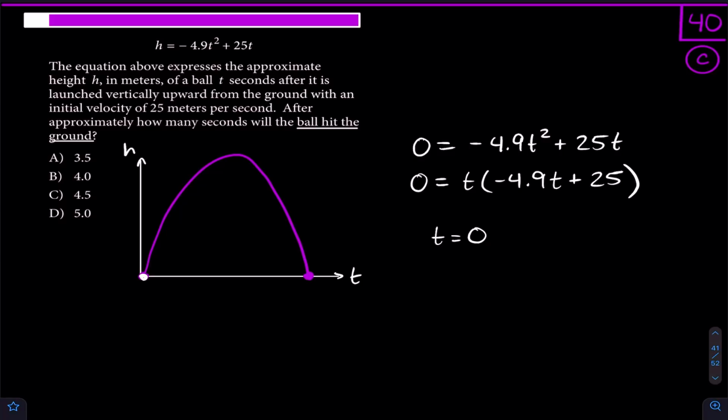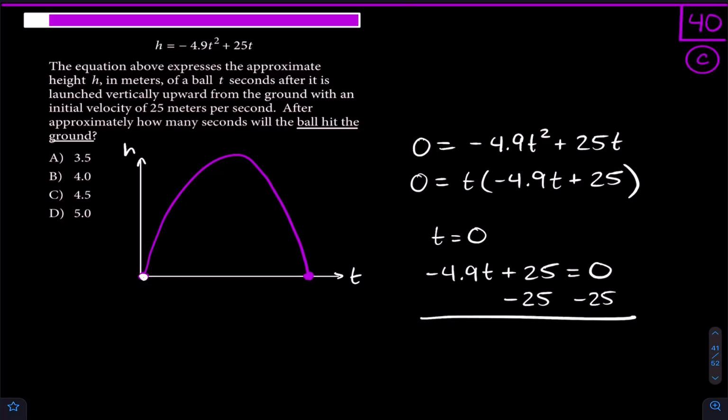Now, what else would make the equation true is if this thing was 0. Because again, then you get 0 times some number, and that is 0. So let's set that thing equal to 0 and solve for t. Let's subtract 25 on each side, and then we'll divide by negative 4.9.